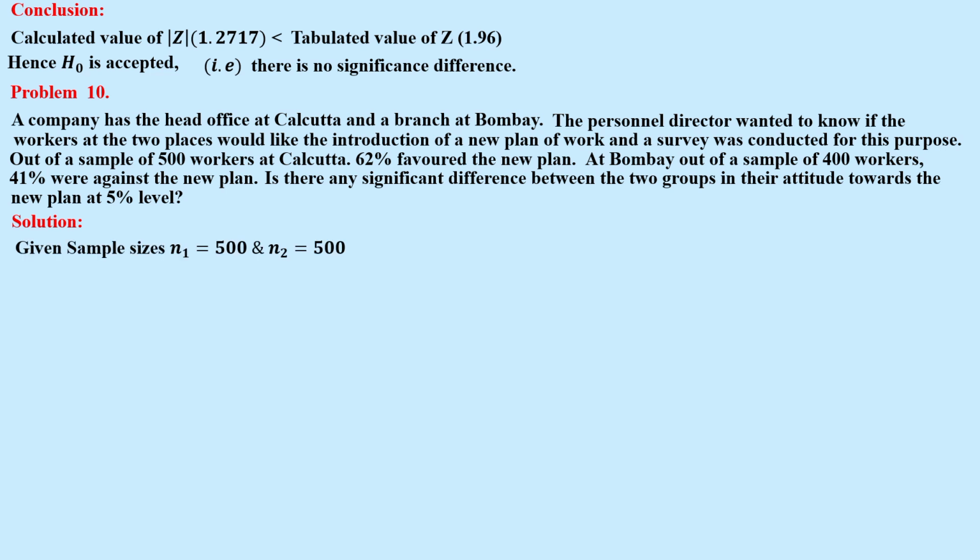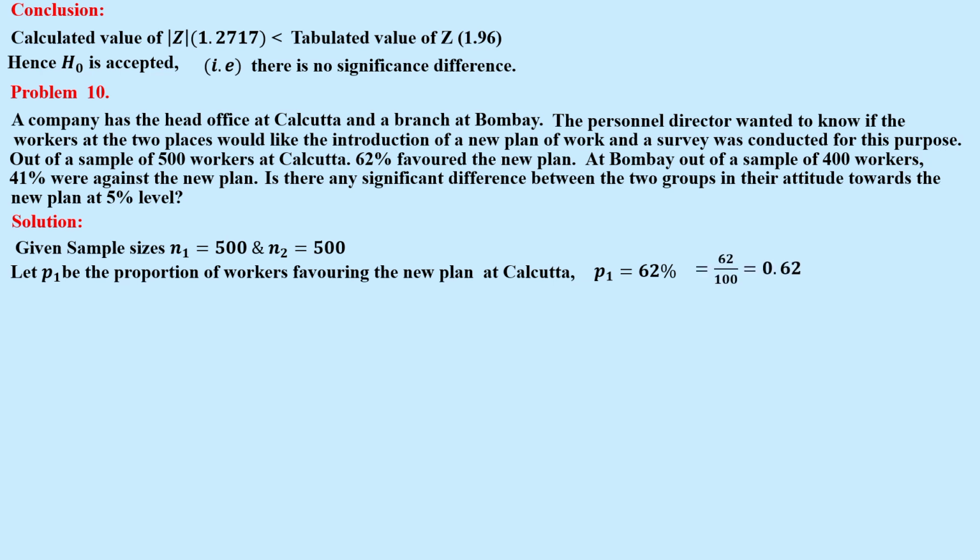Given sample sizes, n1 equal to 500, n2 equal to 400. P1 is the proportion of workers favoring the new plan at Calcutta, 62 by 100, 0.62. P2 is the proportion of workers favoring the new plan at Bombay.